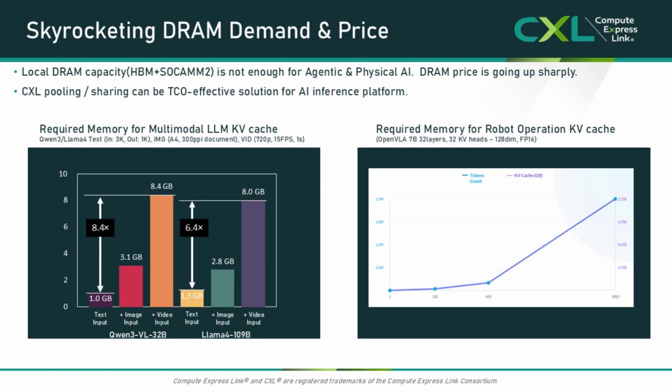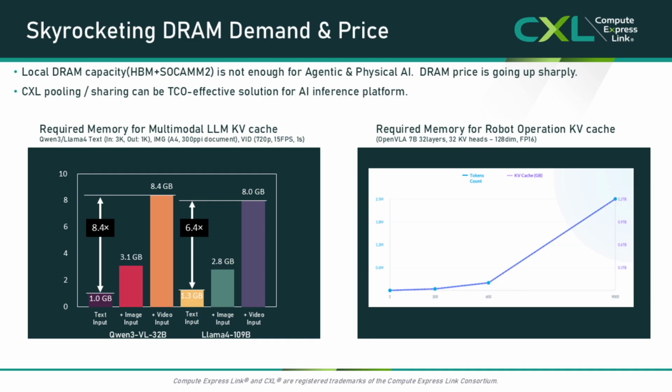Okay, first page. As we move toward agentic and physical AI, the demand for memory is exploding. This is largely driven by multimodal inputs. According to our recent experiments at Samsung, processing video requires 8 times more KV cache than processing simple text, like the left chart.